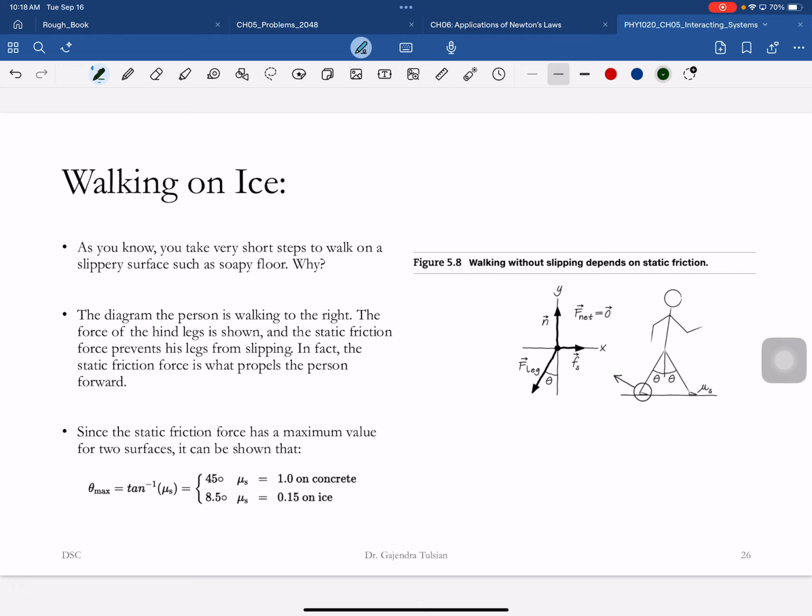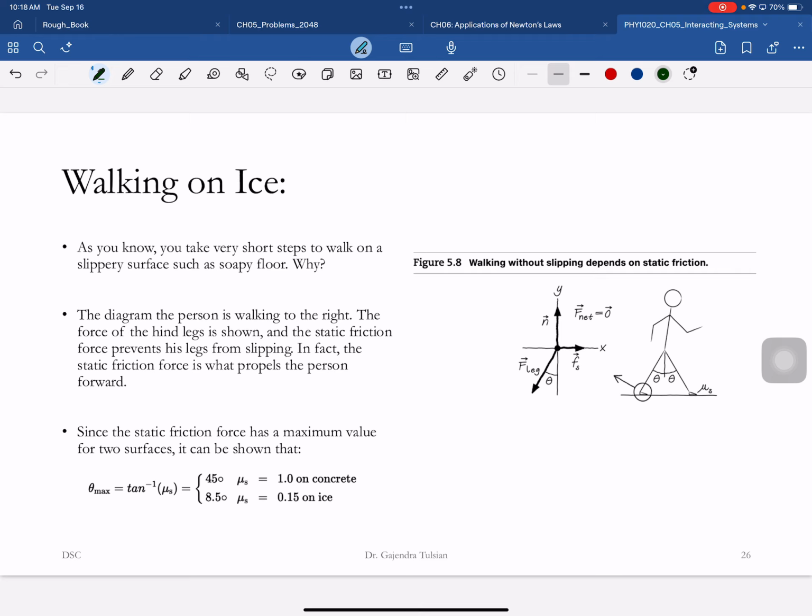Now, what we'll try and understand in this diagram is, like I said, when you walk, what is it that you do? How do you walk? You're pushing against the ground, and the static friction force is preventing your foot from slipping, and that's what's propelling you forward.